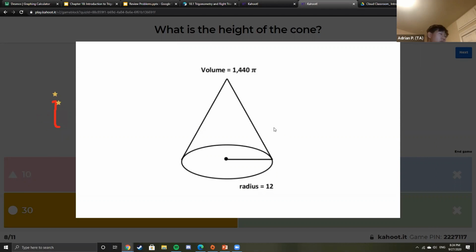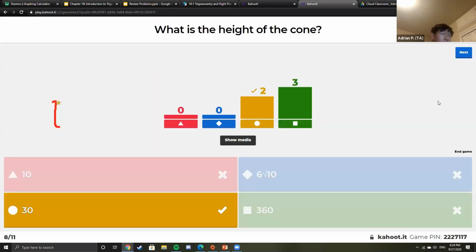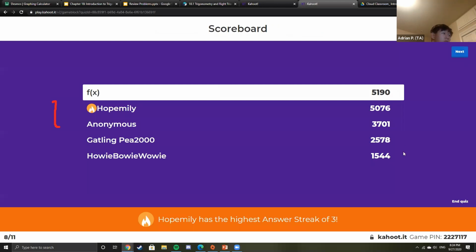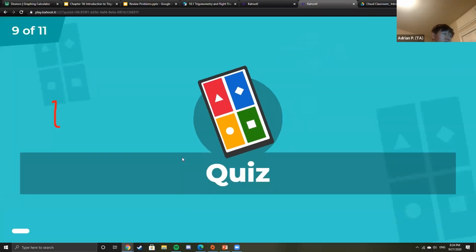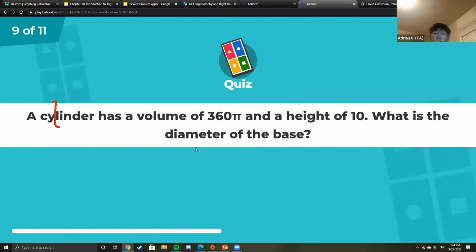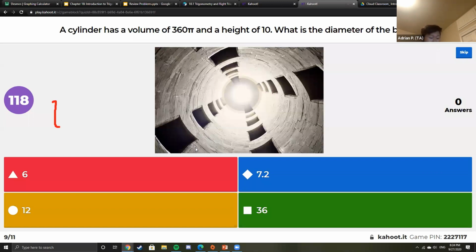So you're going to have the volume divided by 144 pi over 3, and then that should get you 30 for the height. It asks for diameter.